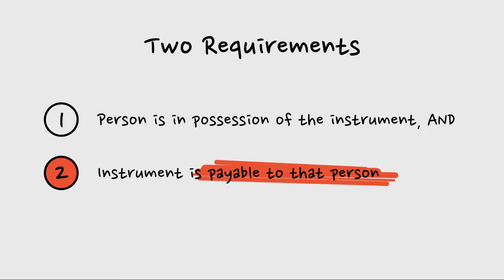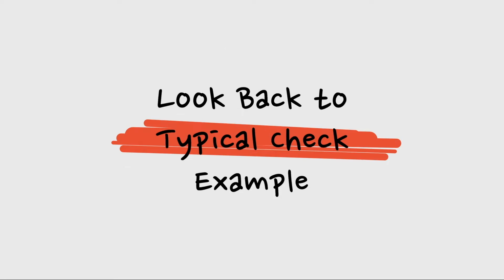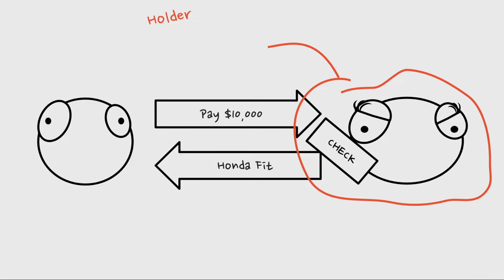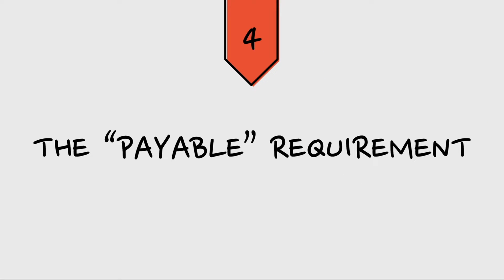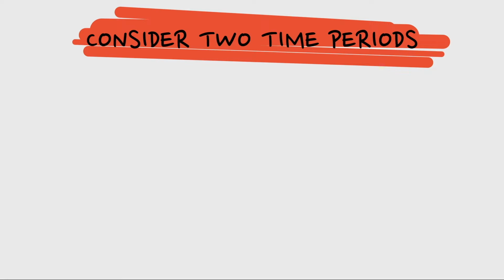But the trickier element is the second one, how it is that it's payable to someone or not. When we look at the check, this initial issuance is fairly straightforward because it's probably made out initially to Barb, so it's obviously payable. The check is payable to her. That's pretty straightforward. But we're going to look at that now in section 4 in a little bit more detail. So when we think about whether it's payable, that second requirement to be a holder, we want to think of there being 2 time periods.